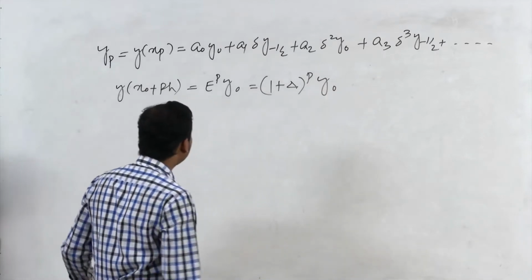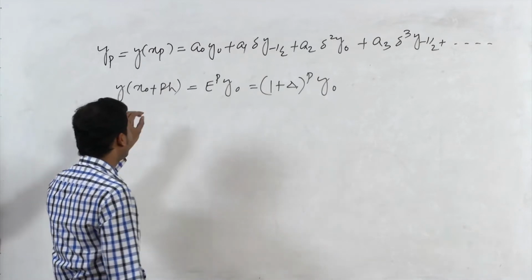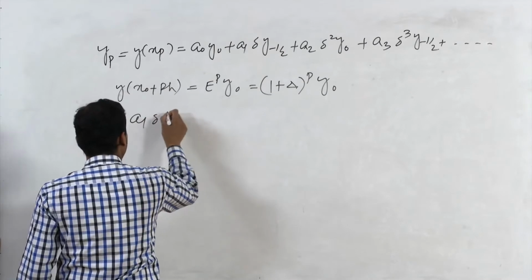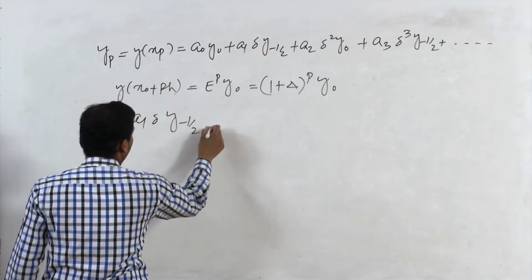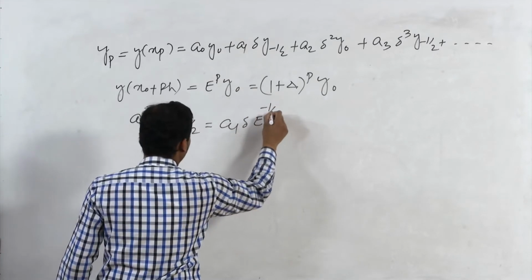And if we write the right hand side in the coefficient form, a1 delta y of minus half can be expressed as a1 delta e to the power minus half y0.